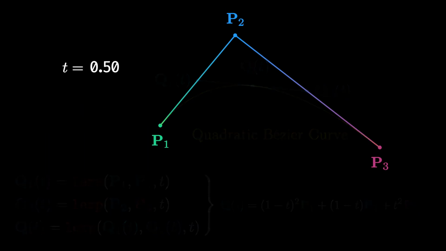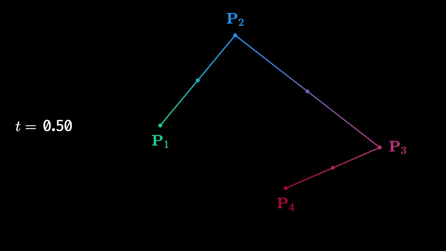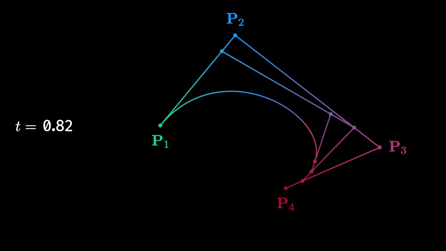Now let's add another point and repeat the same process. In the end, we will have this curve, which is known as the cubic Bezier curve.